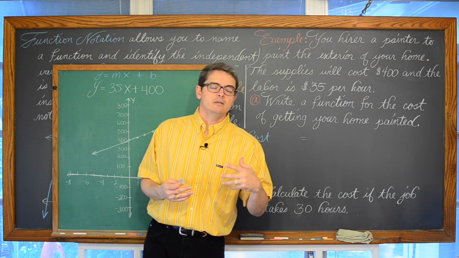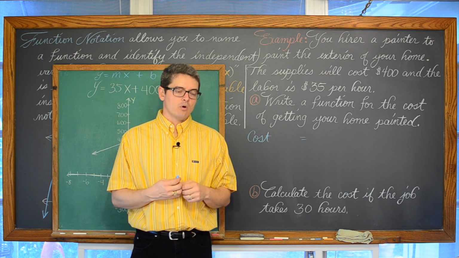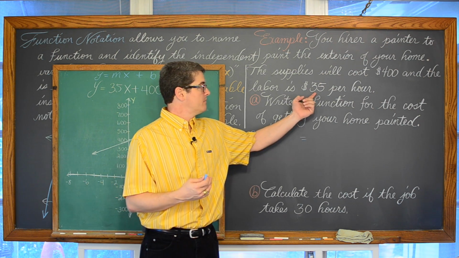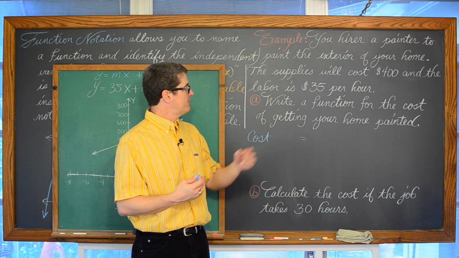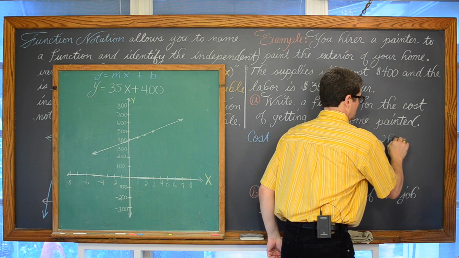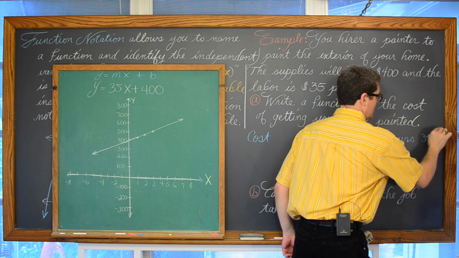Now, labor means how much you're going to have to pay for the hours that they work. If they work 1 hour, you're going to pay $35 in labor. If they work 2 hours, that's going to be 35 plus 35.